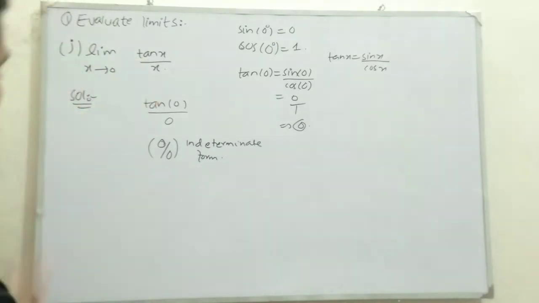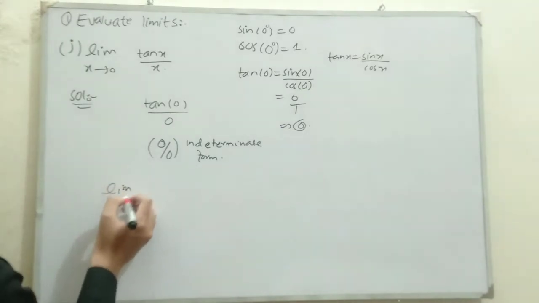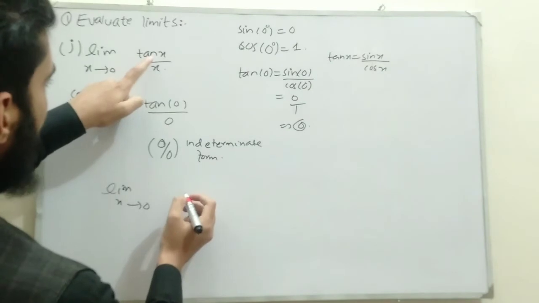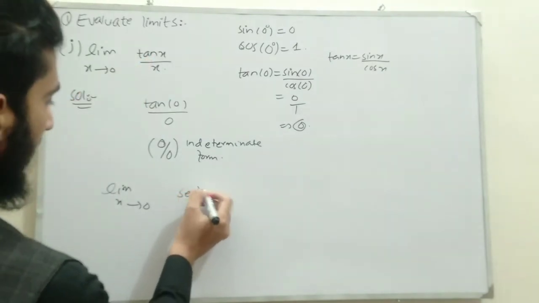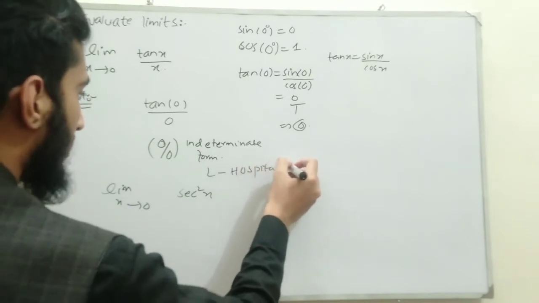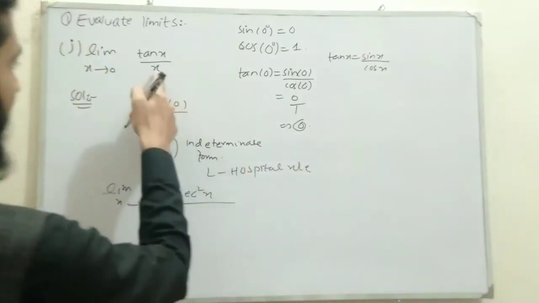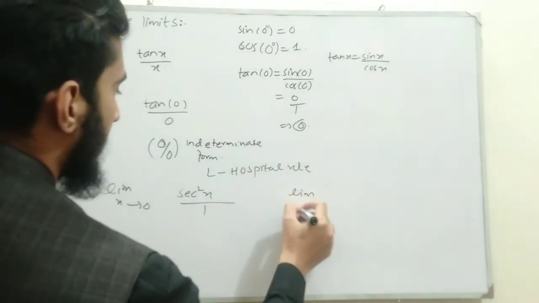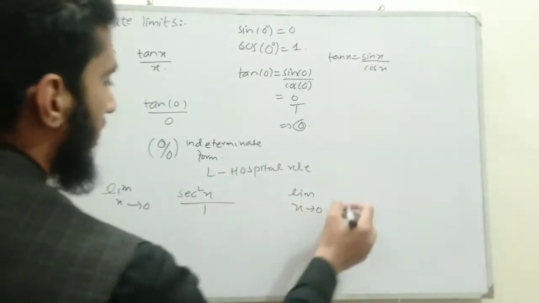So here we will differentiate, with limit x approaches 0. Take the derivative of tangent x. The derivative of tangent x is secant squared x according to L'Hospital's rule, divided by the derivative of x, which is 1. So it becomes limit x approaches 0 of secant squared x.